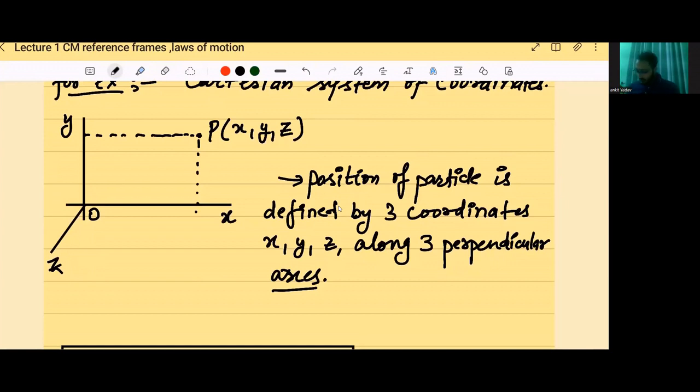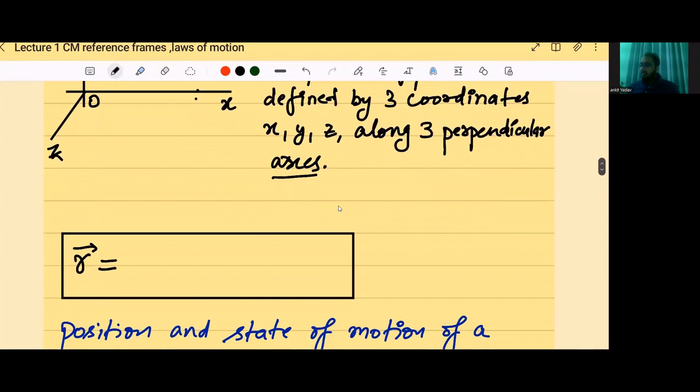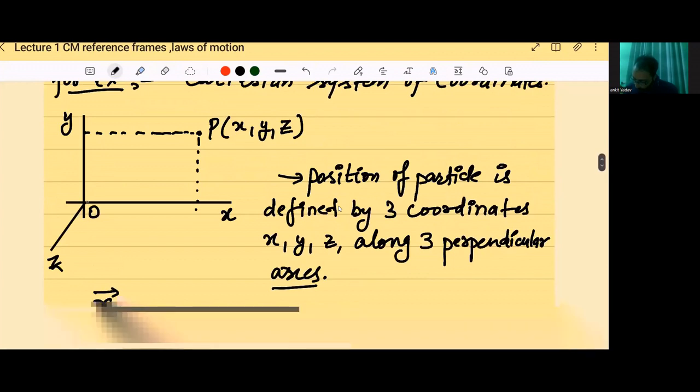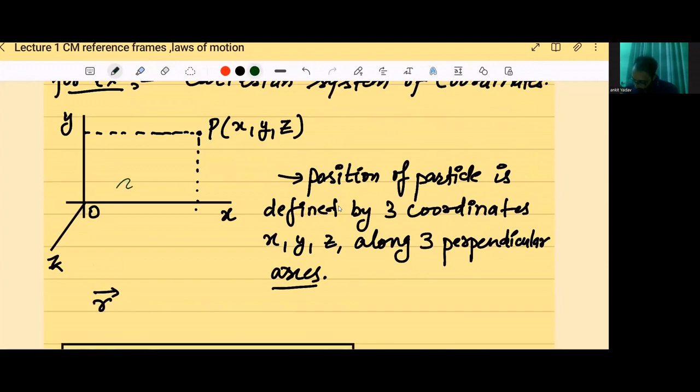Okay, now the position vector, r. From point O, let me choose a different color, I will draw a vector to point P. This vector is known as the r vector.